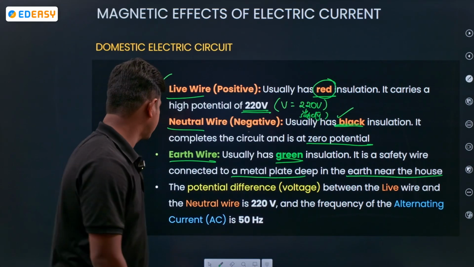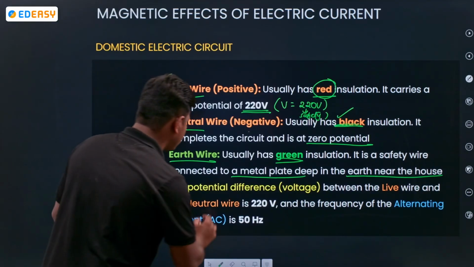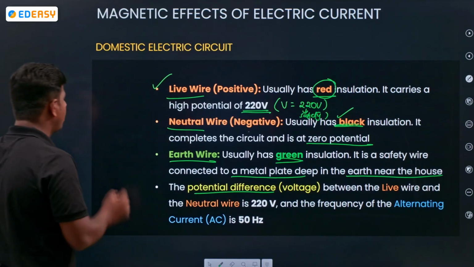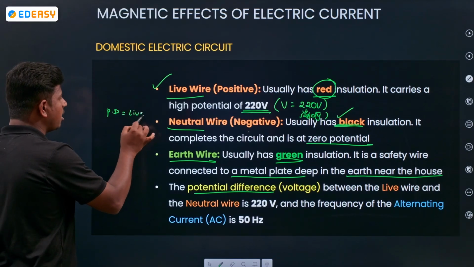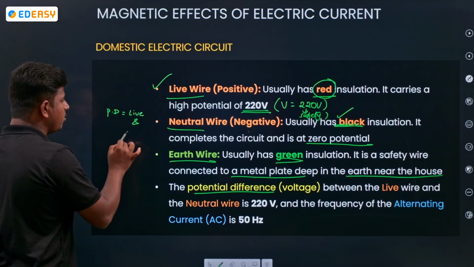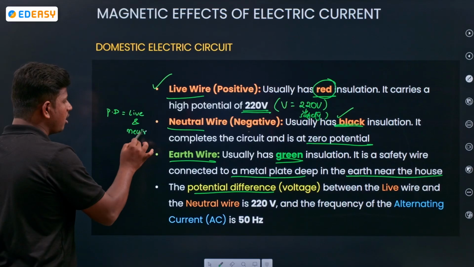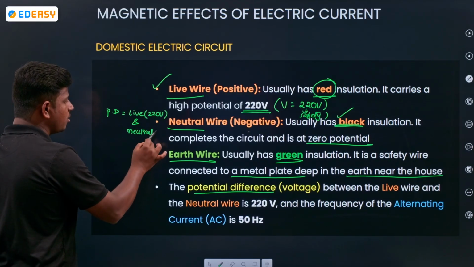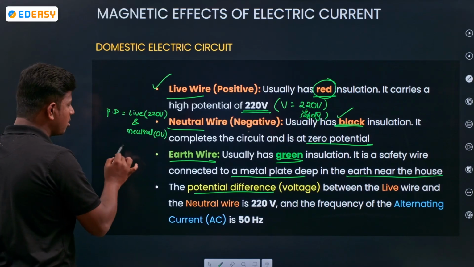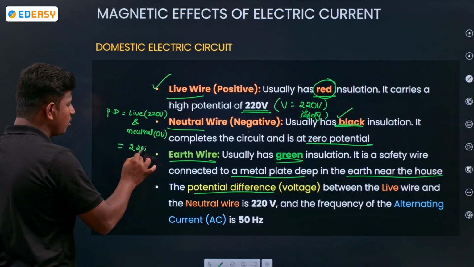Okay. Next, how much potential difference will there be? Potential difference between live and neutral. The live wire is entering with 220 volts. The neutral wire is 0 volt. Then the potential difference is 220 volts.